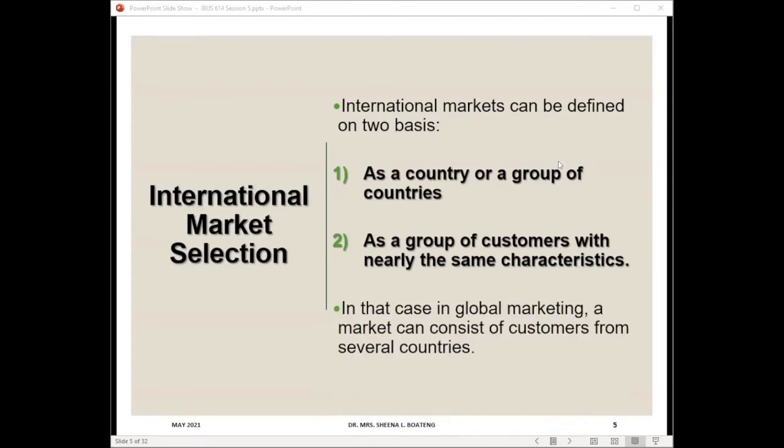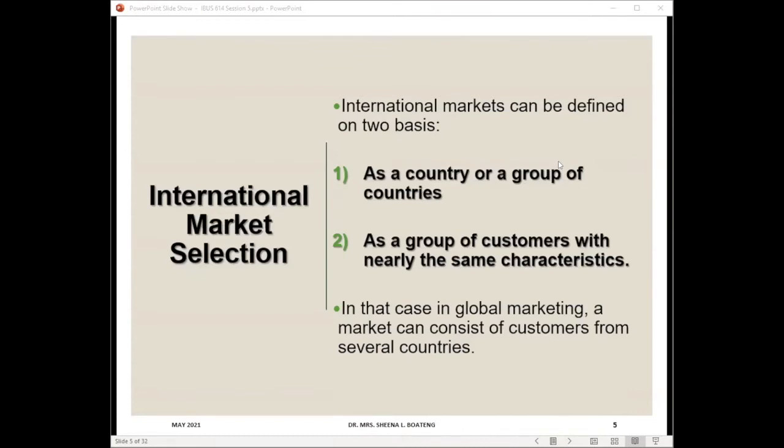Now, this is supposed to inform the decision of the global marketer such that they will appreciate the fact that out of these countries or country groupings, as well as customer groupings, there are various possible markets that they can decide to serve as global marketers.